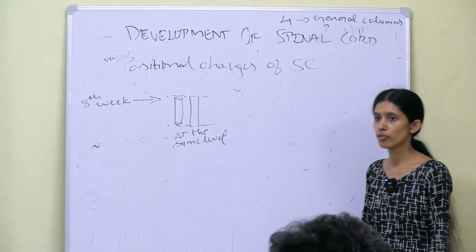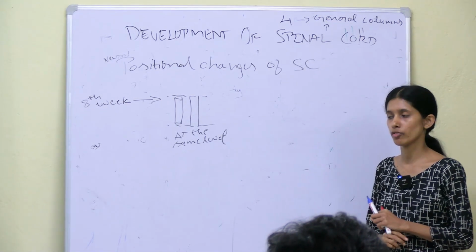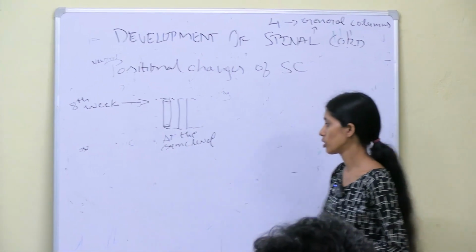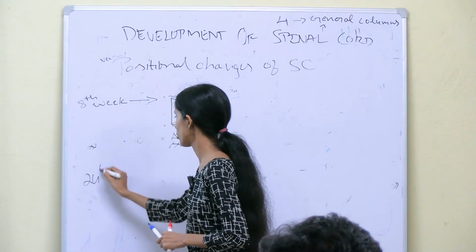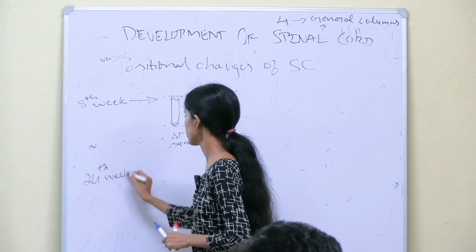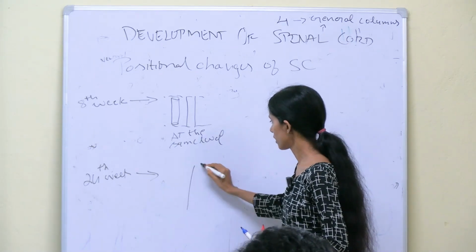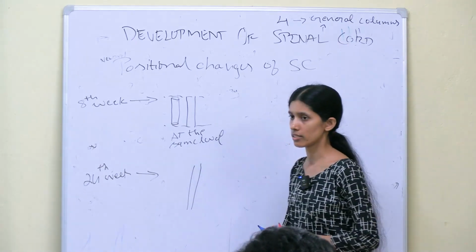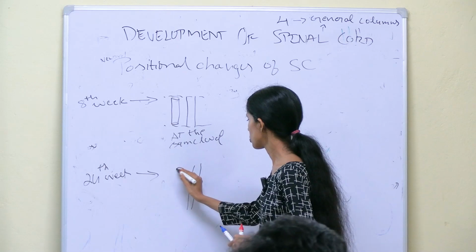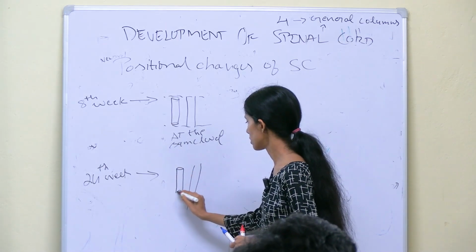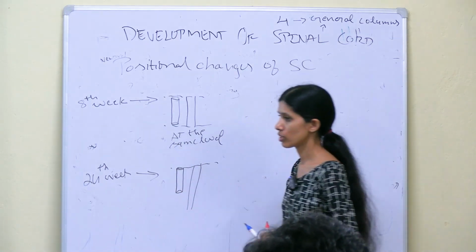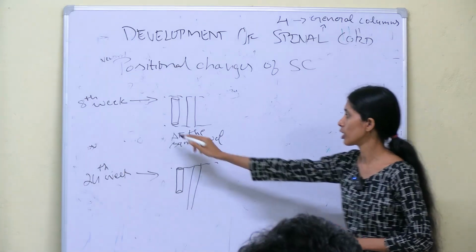After certain development, or after differential growth, by the end of the 24th week your vertebral column will elongate in size, whereas your spinal cord will remain the same. We can see changes only in the caudal end.